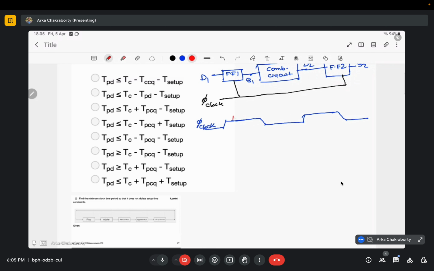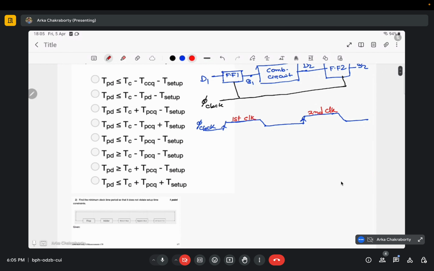Let us consider the flip-flops are positive edge triggered. So this would be my time period TC, correct?